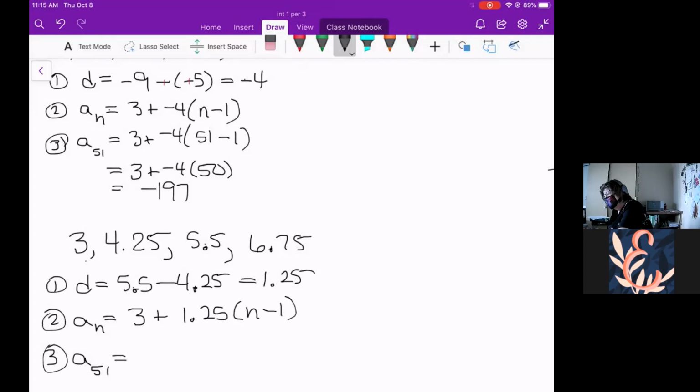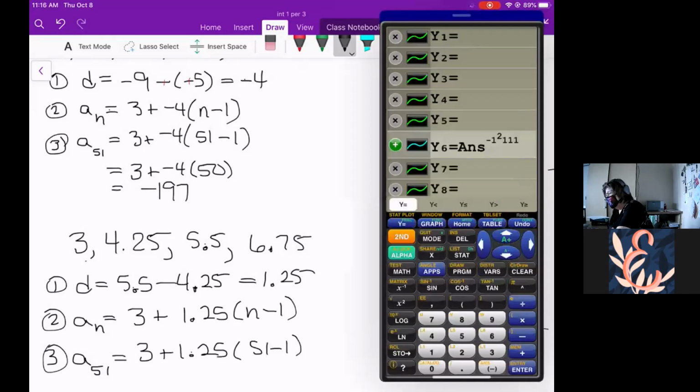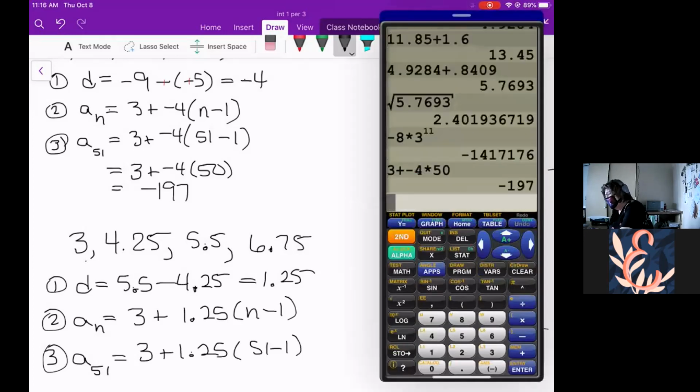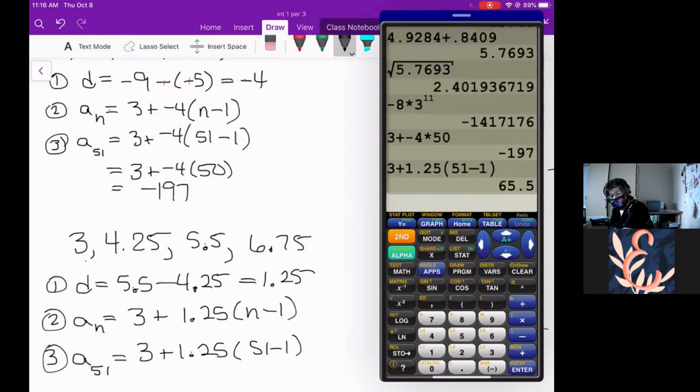Now I want the 51st, so I'm going to put 51 in for n. Times 51 minus 1. And I don't even have to simplify. I can just put that in my calculator exactly the way it is. 3 plus 1.25 times 51 minus 1. And I get 65.5.